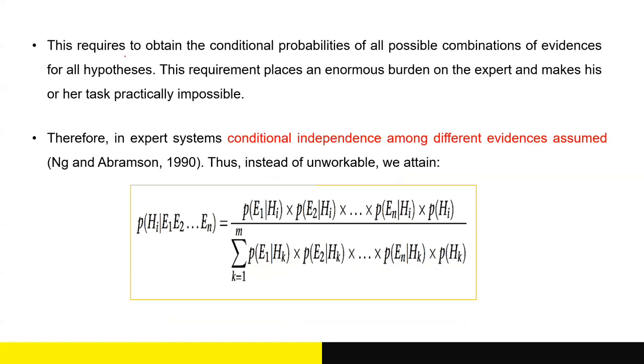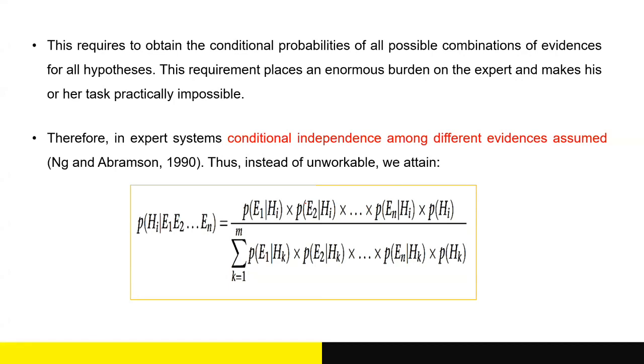However, this requires obtaining the conditional probabilities of all possible combinations of evidences for all hypotheses. This requirement places an enormous burden on the expert and makes his or her task practically impossible. Therefore, in expert systems, conditional independence among different evidences is assumed. Thus, instead of the unworkable equation, this equation is attained. Calculating the probability of each possible combination of evidence given each hypothesis is a very difficult and time-consuming task, as there could be many possible combinations of evidence and hypotheses.